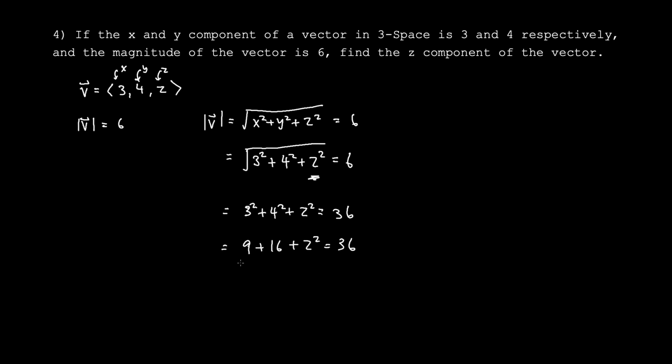Now we can subtract these terms from both sides, so we're left with z squared equals 36 minus 16 minus 9. On the right side, we can simplify because 36 minus 16 is 20, and 20 minus 9 is 11.